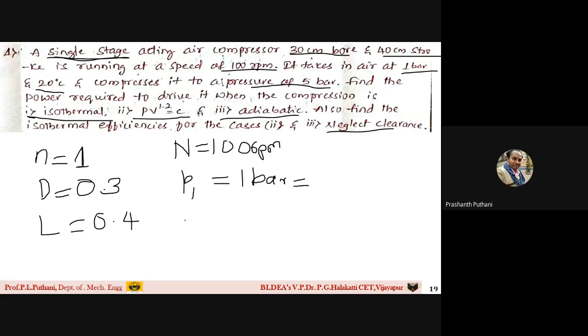Are you listening to what I am saying? You have to remember these things, they are very important. 1 bar is equal to 100 kilopascal.